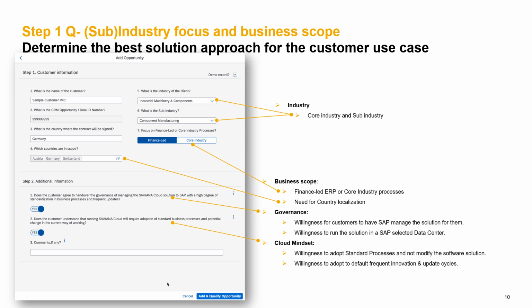It asks you what kind of business scope you're looking for, what kind of governance and the willingness of customers to have SAP manage the solution for them, or do they need a little bit more flexibility in determining their upgrades? And any additional information that is provided will help guide you through the selection of identifying the correct edition to propose to your customer for SAP S4HANA Cloud.